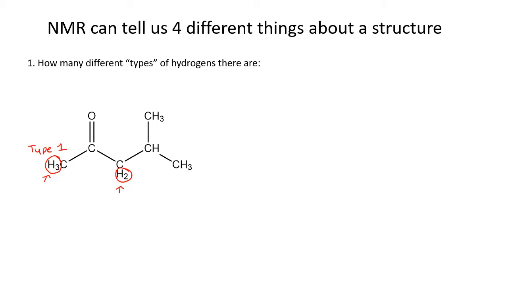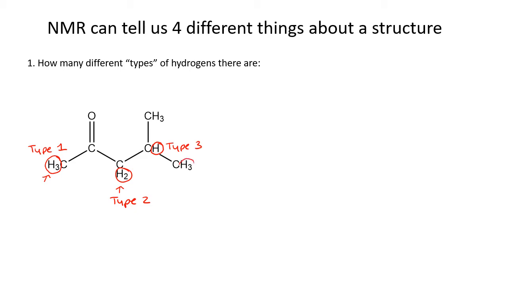These 2, which have their own description, we'll call type 2. Then we'll move on to the other hydrogens. So this single one is bound to a carbon that's bound to 2 methyl groups as well as a CH2 group. There's no other hydrogen that has that exact same description, so we'll go ahead and call this type 3.